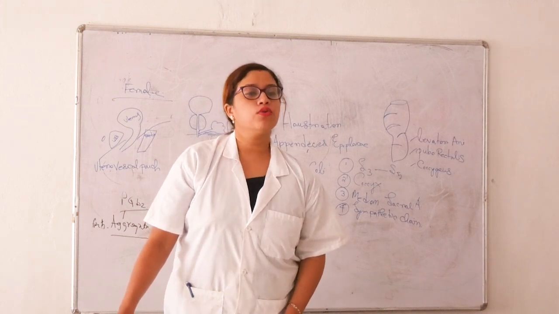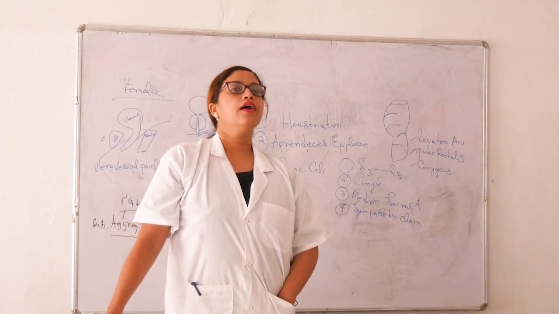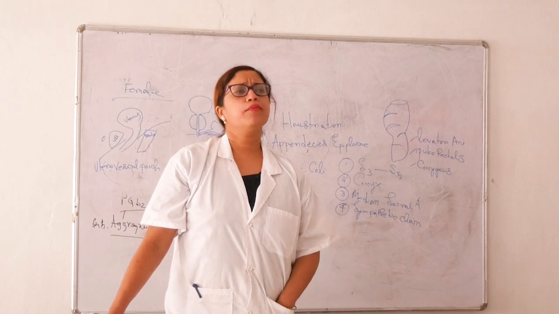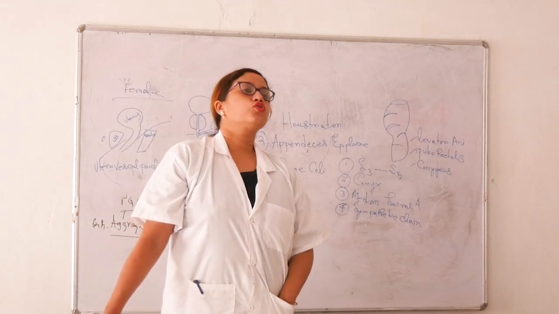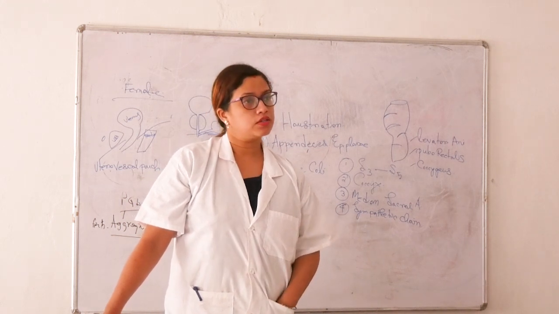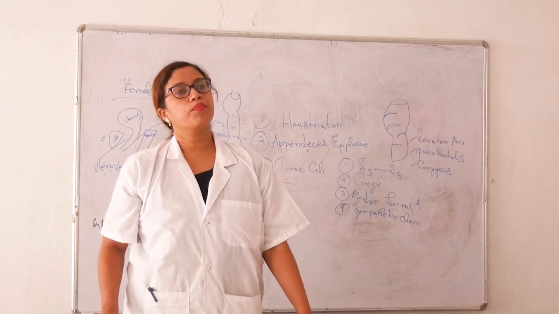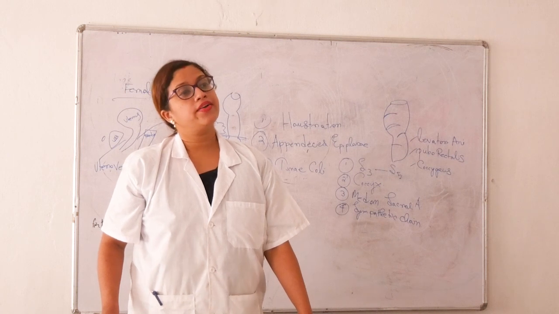You could also write it down: the source of bleeding in hemorrhoids. A layman would say piles. Okay, piles or hemorrhoids. The source of bleeding in hemorrhoids, this is an MCQ. Okay, it is from the venous source.